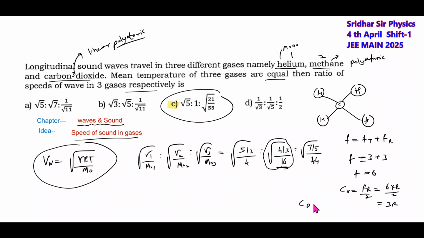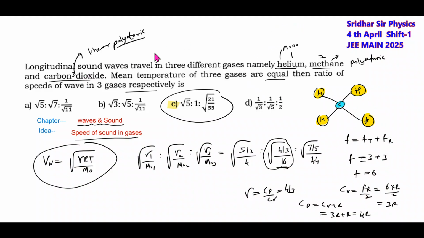What is Cp? Cp equals Cv plus R. 3R plus R will be 4R. Therefore gamma for methane will be Cp by Cv, 4 by 3. Is it justified? I know a little bit of chemistry, with that I'm managing here. CH4 is methane and it's a polyatomic. Based on the chemistry data, this is the idea you should work out here. It will have 3 translational, 3 rotational.